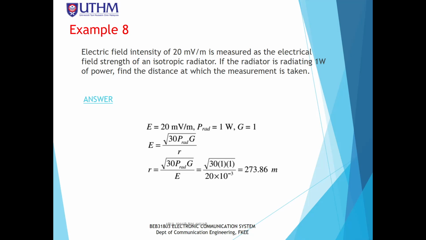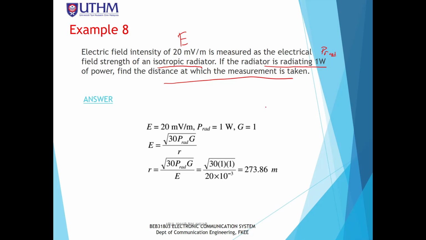So example 8, electric field intensity is given. So this is the E field. It is measured as the electric field strength of an isotropic radiator. If the radiator is radiating 1 watt of power, that means this is P radiation. Find the distance at which the measurement is taken.